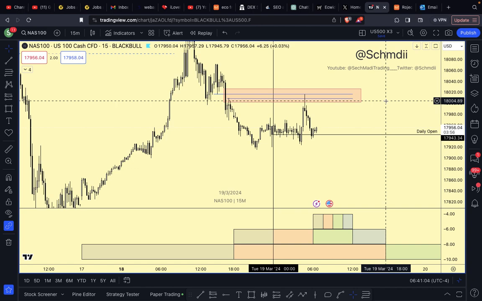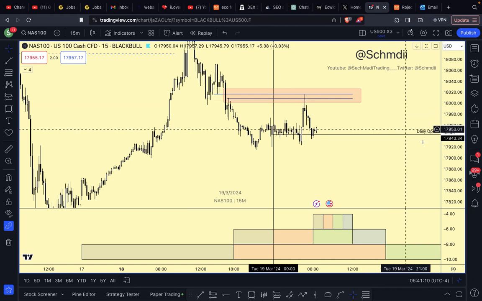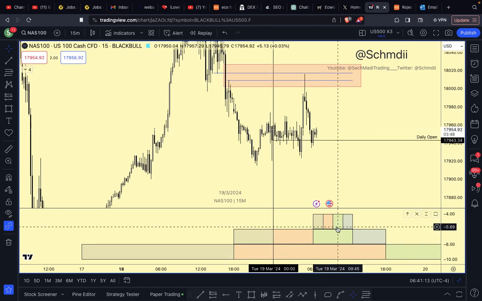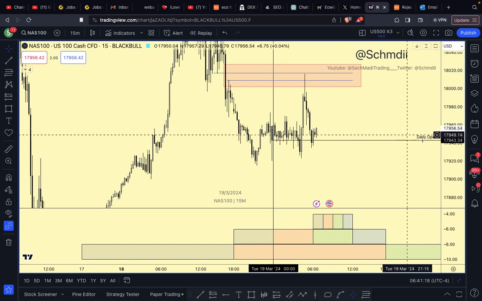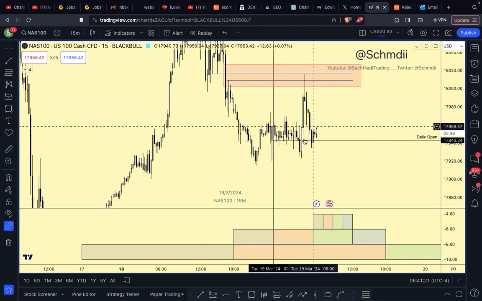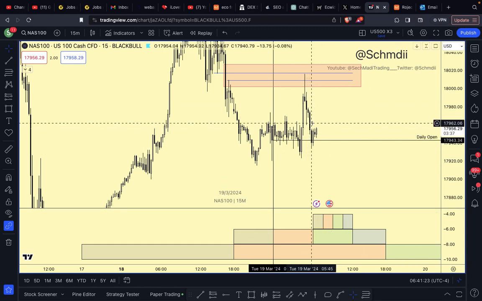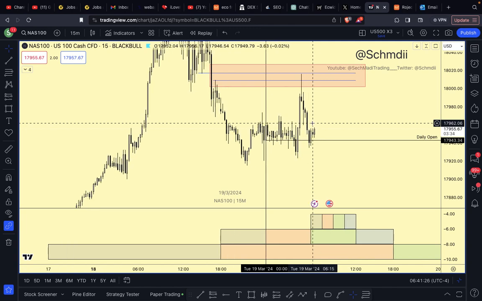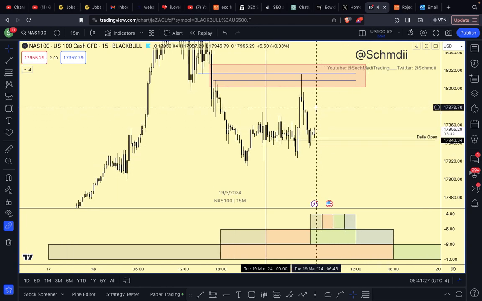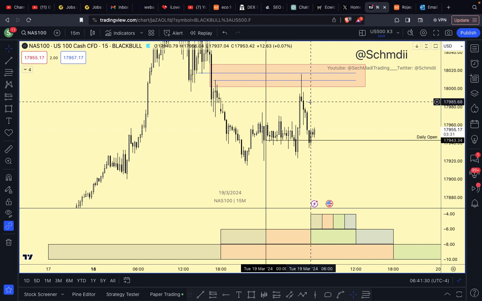So as long as, like I said, we don't trade above that high, a bearish idea remains valid. The ideal shorts will come above the daily open price as it's delineated with this horizontal line. Perhaps you could sell from this area there. We'll see. Or even the highest fair value gap. I'm just going to mark that out and keep an eye on it moving towards the market open.